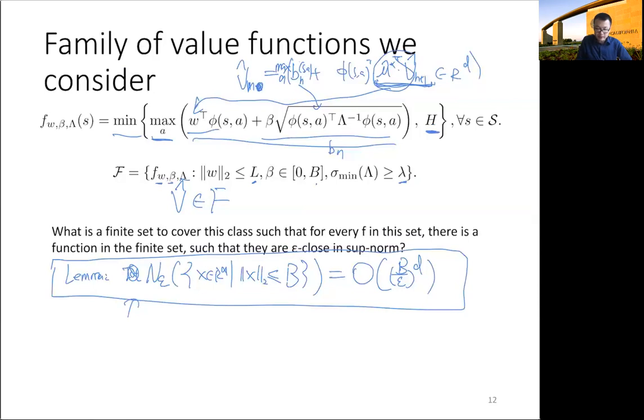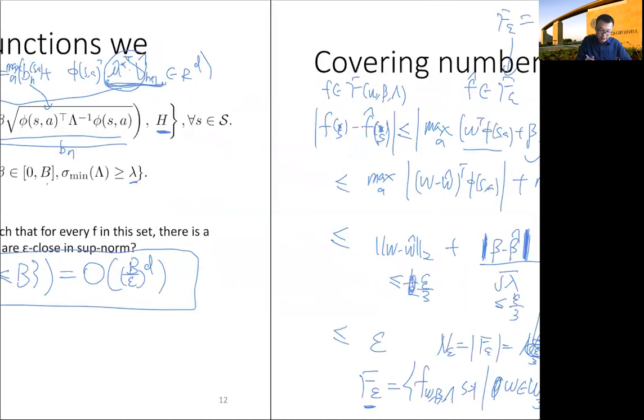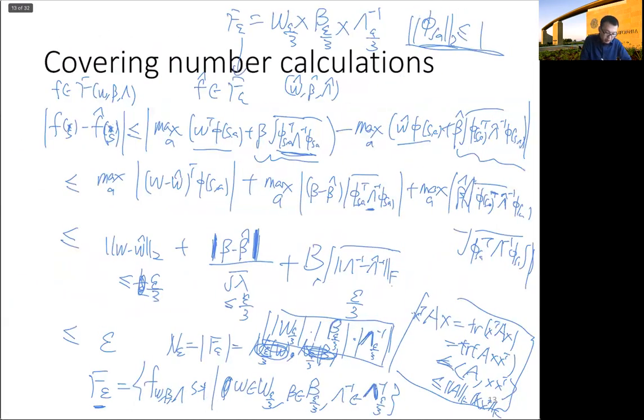Okay, and the product of these numbers, what are they? The product of those numbers will be proportional to 1 over epsilon to the power of 3D, right? Essentially that's exactly what we want. So that will be the size of the covering number of the original function class of interest.